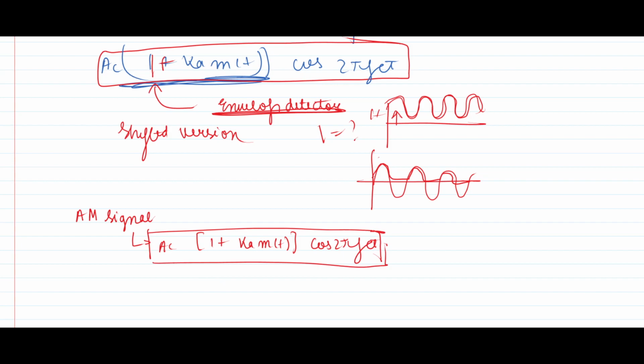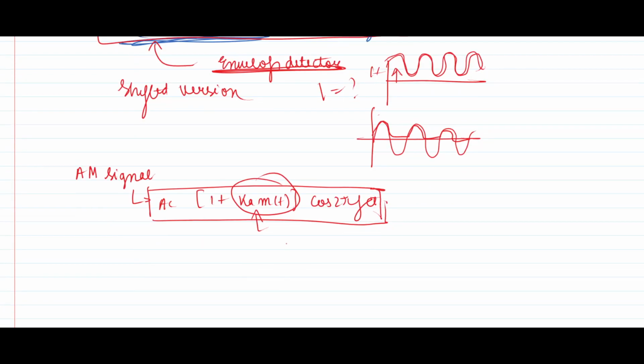Now I'll be telling you some of the basic things that you need to know. In 1 plus Ka m(t), the message signal can be anything. It can be sinusoidal, a square signal, a sawtooth signal, a triangular signal, it can be anything.